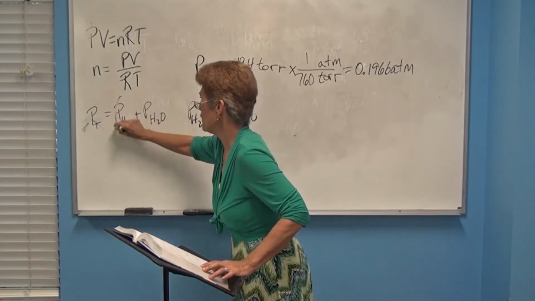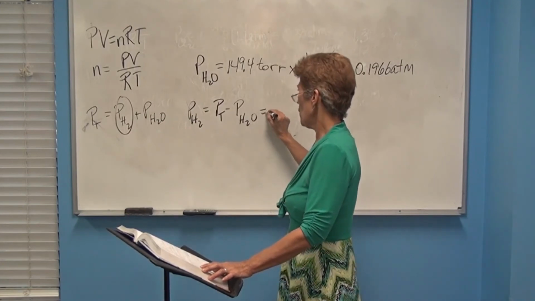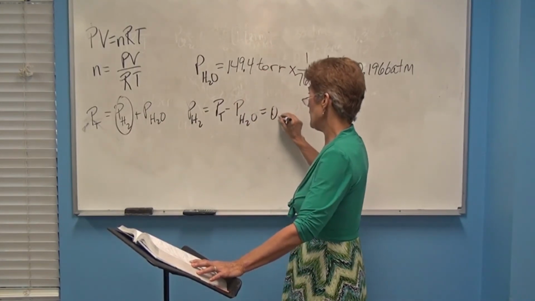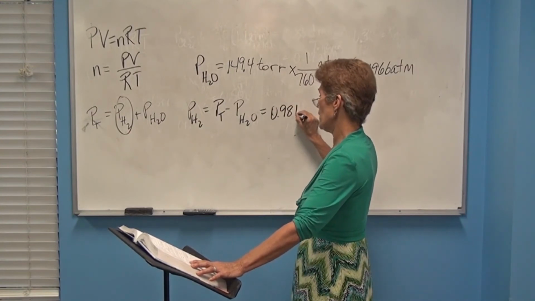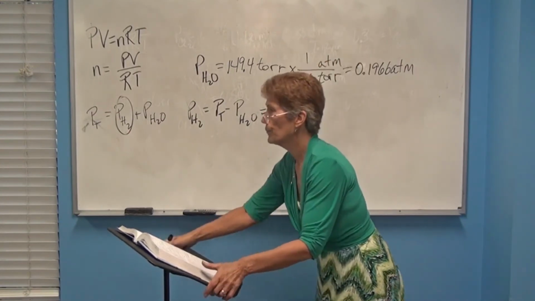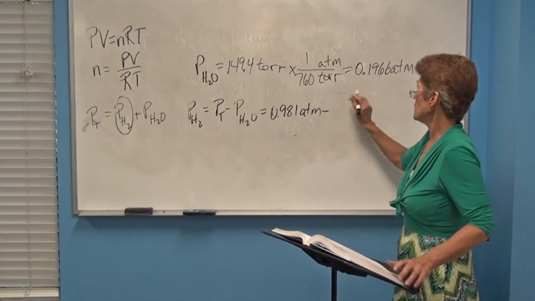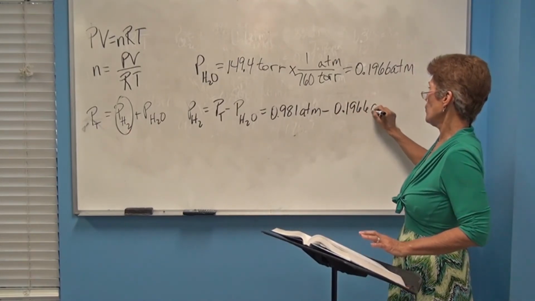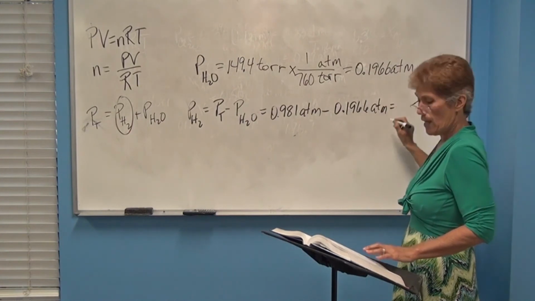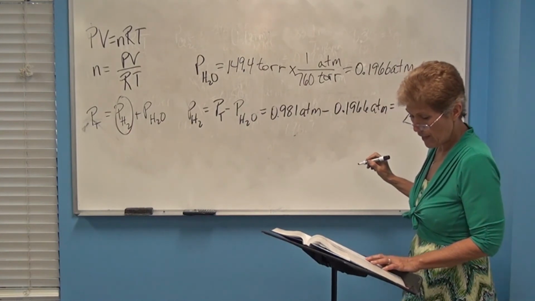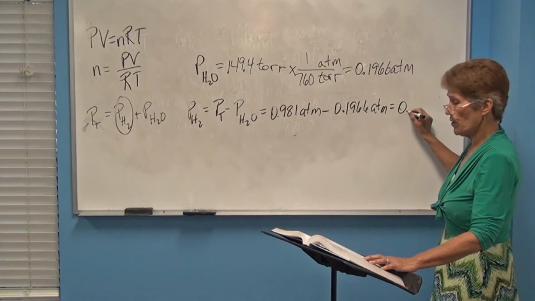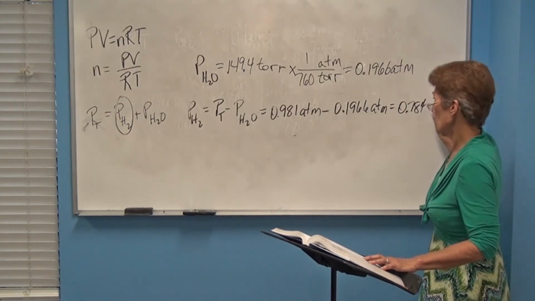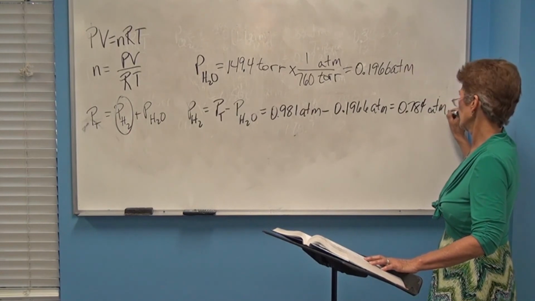Now we have the information we need to find this. So the pressure that was given to us, the total pressure, is 0.981 atmospheres minus the partial pressure of the water that it was collected over. And so that's going to give us a partial pressure for the hydrogen of 0.784 atmospheres.